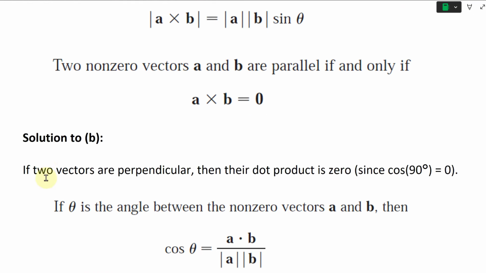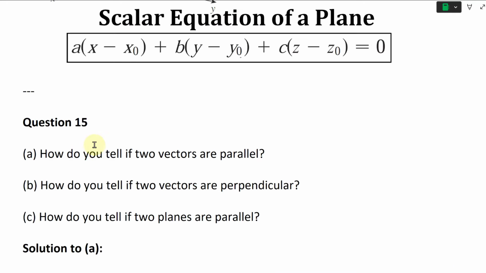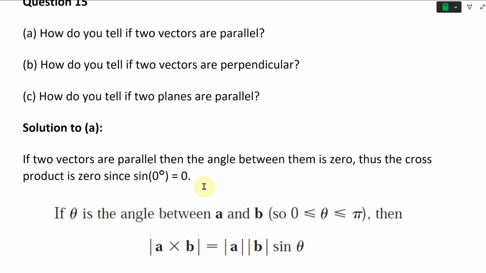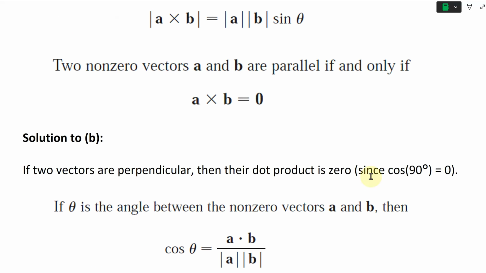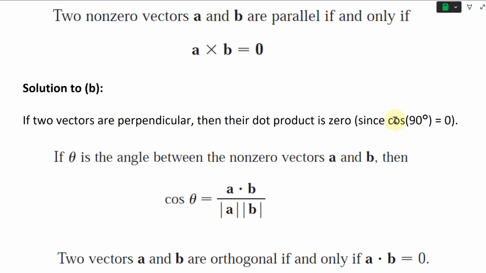All right, so now let's look at the solution to B, and this one is asking, how do you tell if two vectors are perpendicular? If two vectors are perpendicular, then their dot product is 0, as we covered earlier, since cosine 90 degrees is equal to 0.